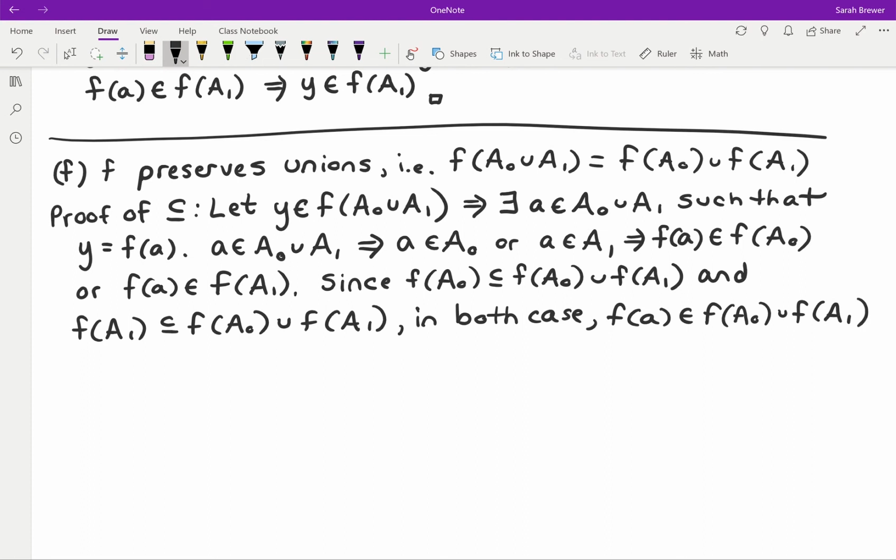And since y is equal to f of a, we've proved this direction.